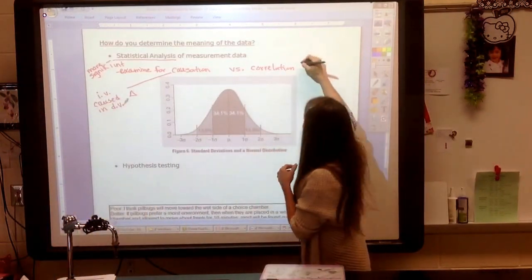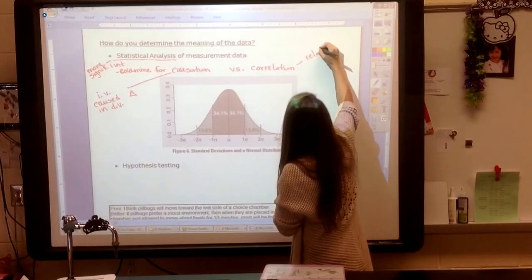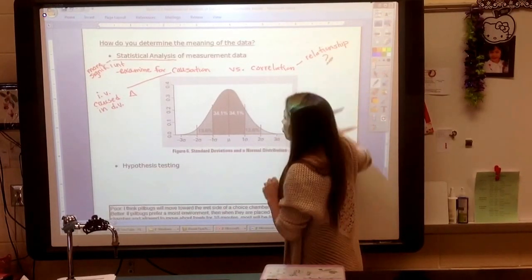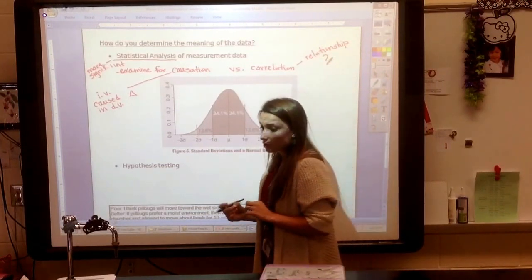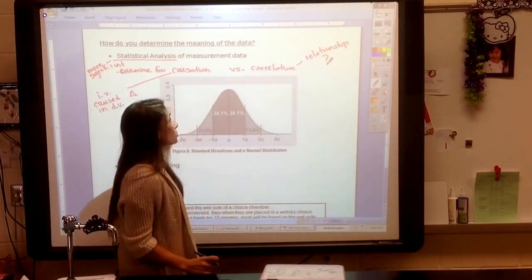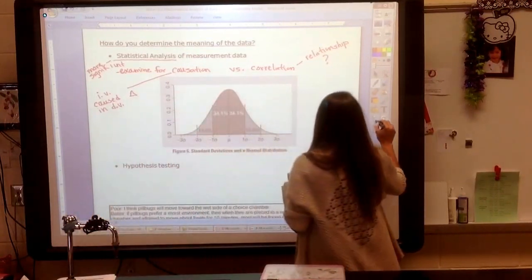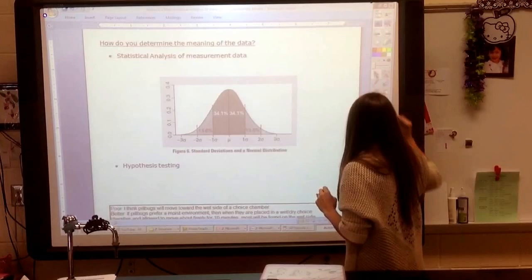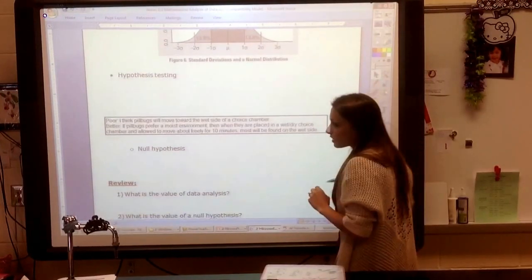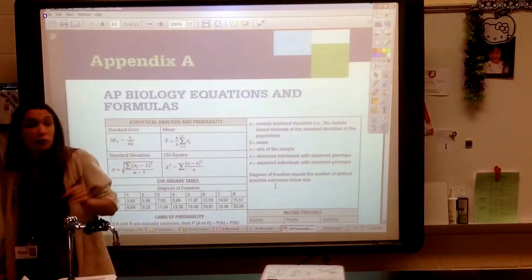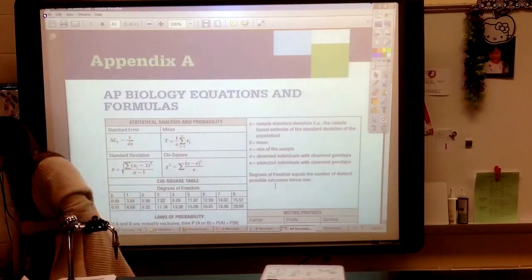Correlation means that there is some sort of relationship, but we're not quite sure if it's a direct causation relationship. And so we're going to be using tools to actually be able to support causation. The last thing that we want to do, and if you look at the additional document you were given here, the AP formula, it'll show you some of the stats that we'll be doing this year.